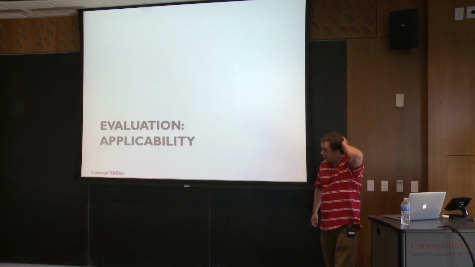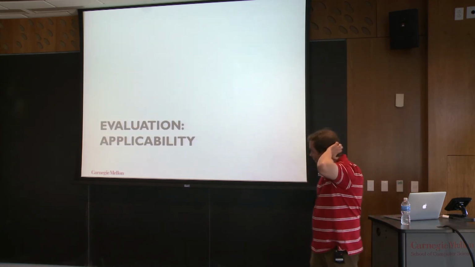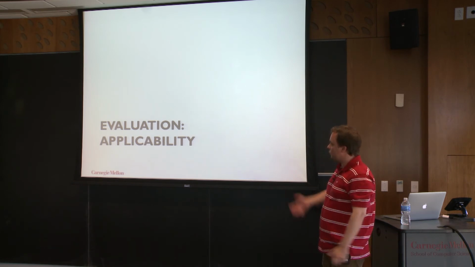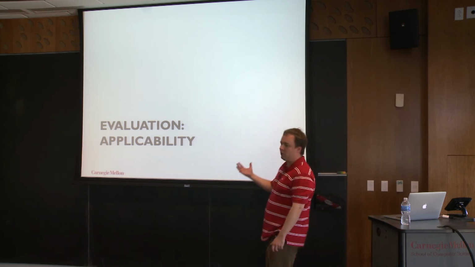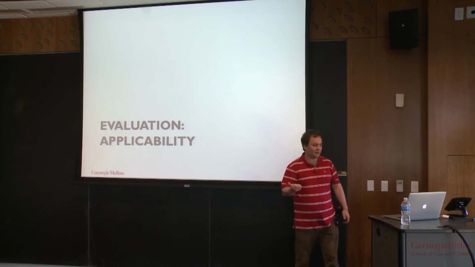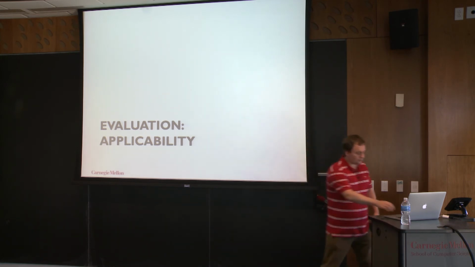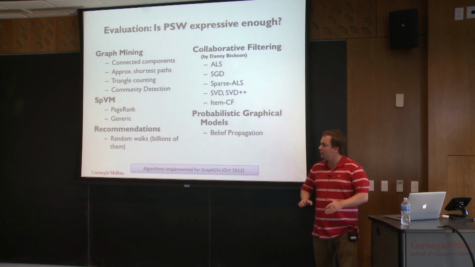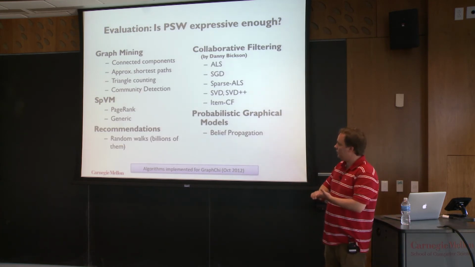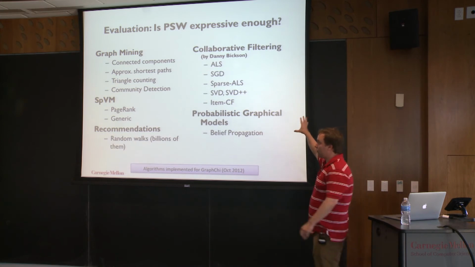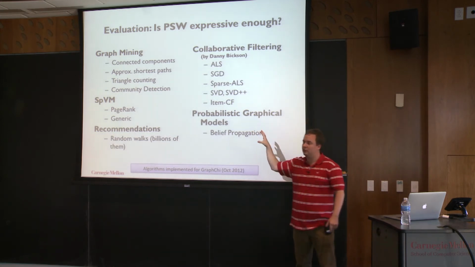So let's start the evaluation. First thing I want to evaluate is: is this system any good? Can you use it for anything? Maybe as a researcher I should not ask these kinds of questions. But it's a little bit hard to analyze whether it's usable or not, but here's a list of all the algorithms that have been implemented on it.